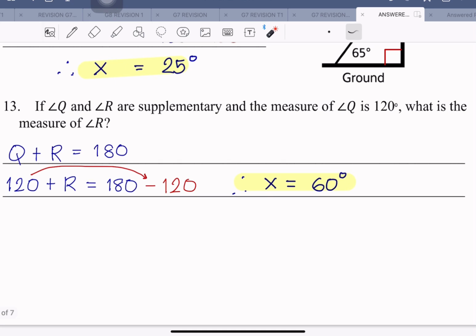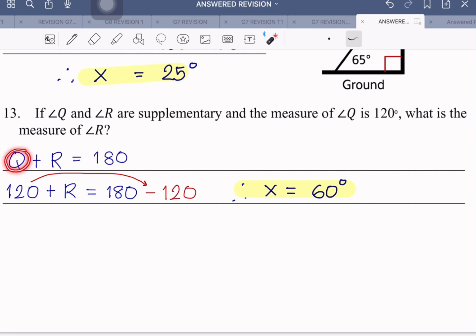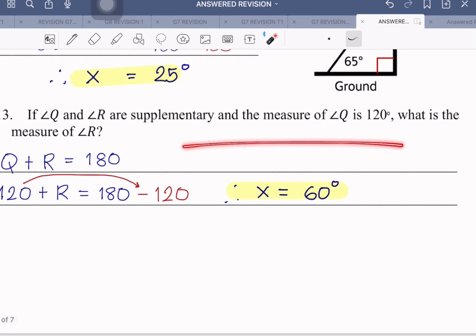Question number 13. If Q and R are supplementary and the measure of Q is 120, what is the measure of R? So we have Q plus R is equal to 180. Supplementary again is equal to 180, or straight line is equal to 180.